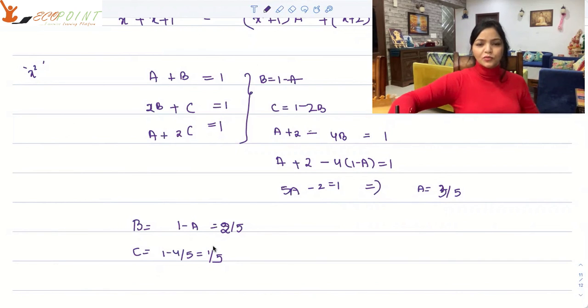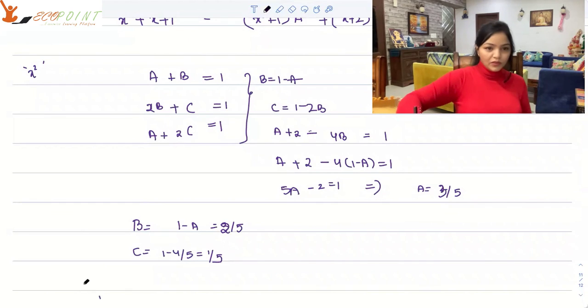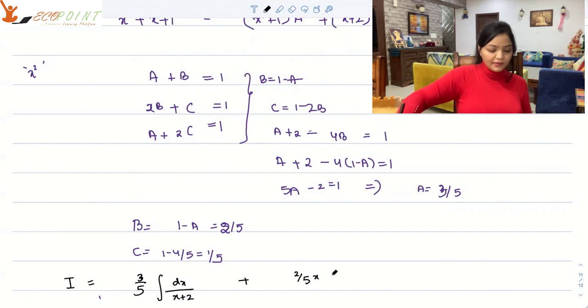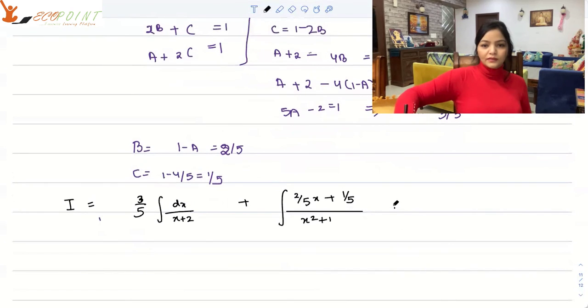And now let's just substitute the partial fractions. We would get the following result. Your integral I is equal to 3 by 5 integral dx upon x plus 2 plus the integral of 2 by 5 x plus 1 by 5 upon x squared plus 1 dx.